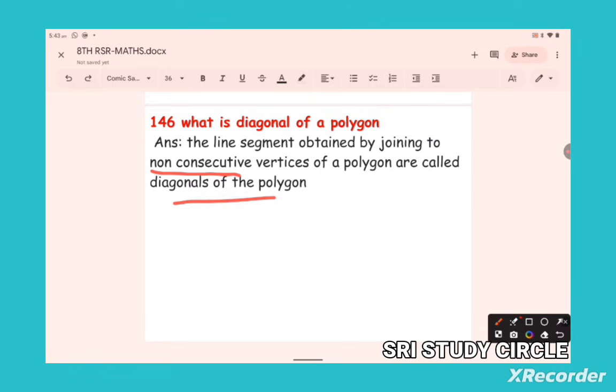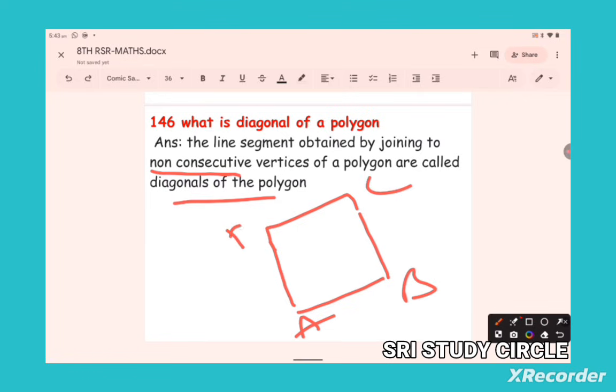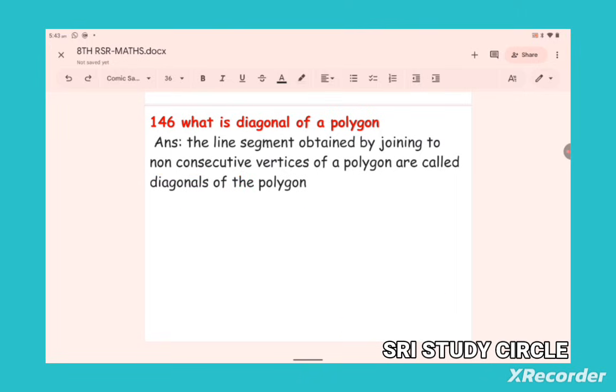Suppose here this is a square ABCD, AC and BD are the diagonals. The line segment obtained by joining the non-consecutive vertices.